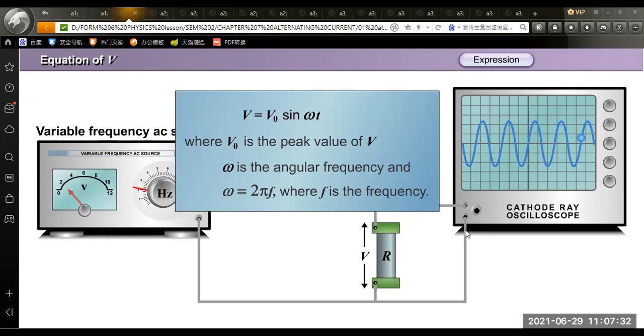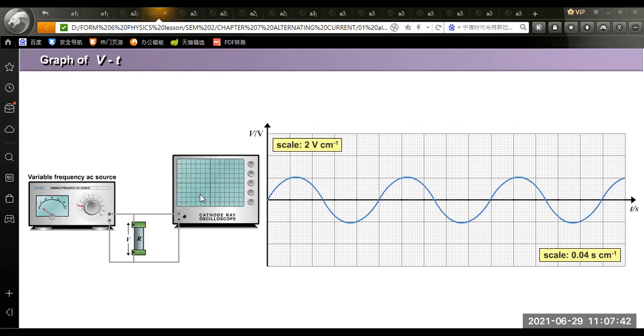From here, we notice that with the sinusoidal wave we can change the amplitude. Now let's say the sinusoidal wave is represented on the oscilloscope, where the scale is 2 volts per cm.